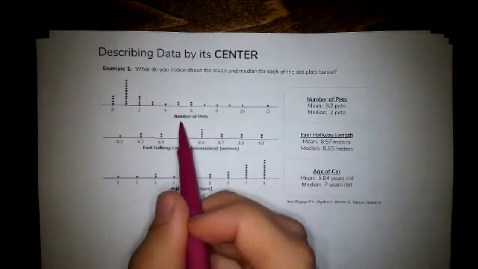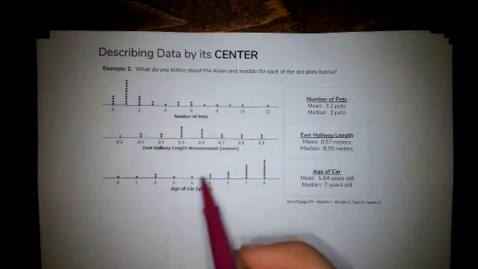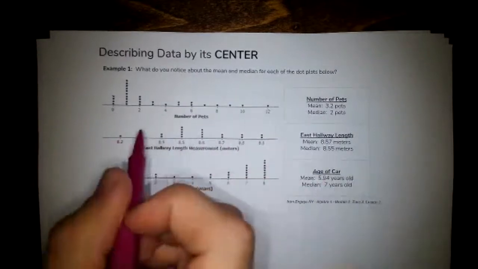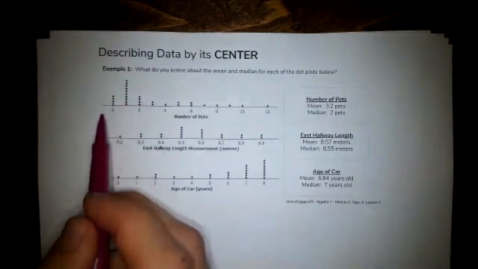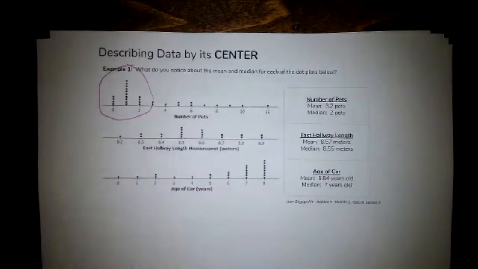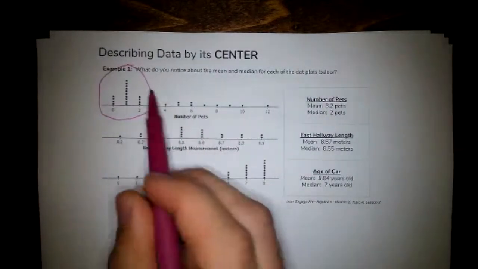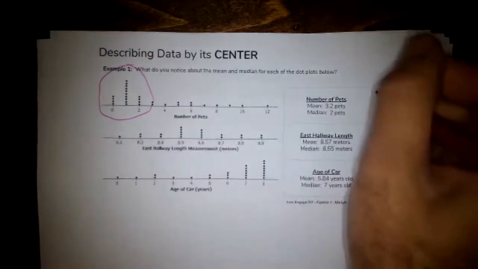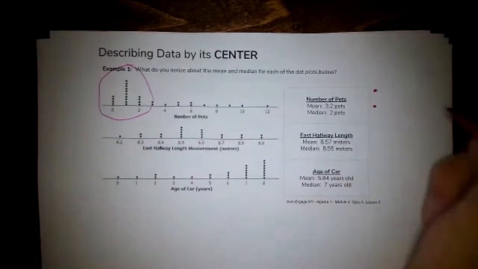So this first one is talking about the number of pets, and all of these are dot plots. If you look at this, all of the groupings, it's mostly grouped over here on the left, right? And then there's a few over here, but mostly it's over here on the left. And what this means is 2 things.